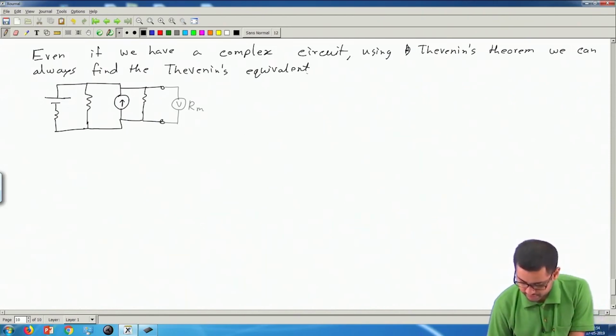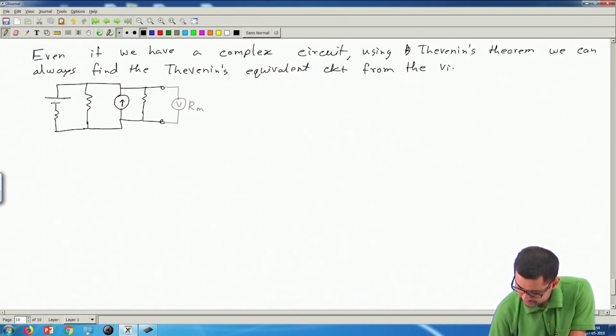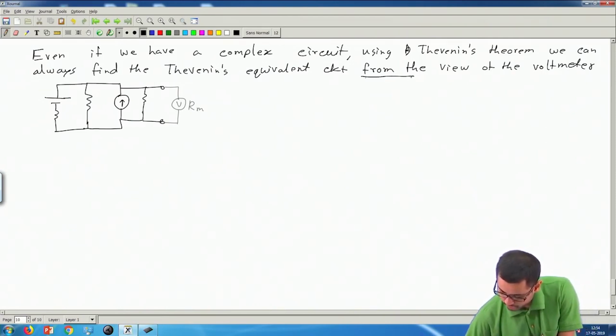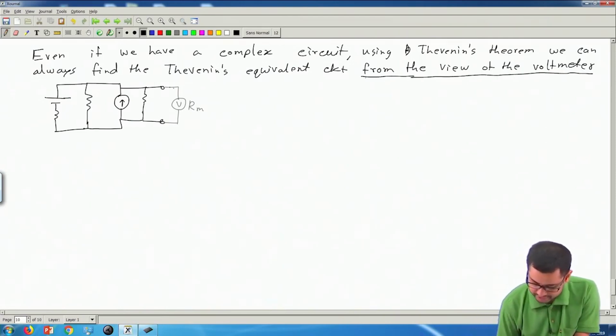The Thevenin equivalent circuit is from the view of the voltmeter, that means from the terminals where this voltmeter is connected.